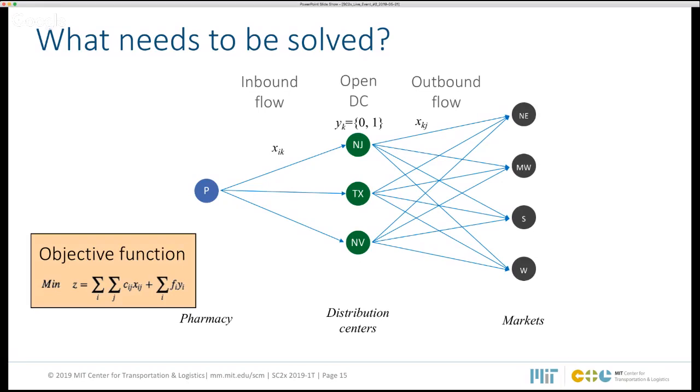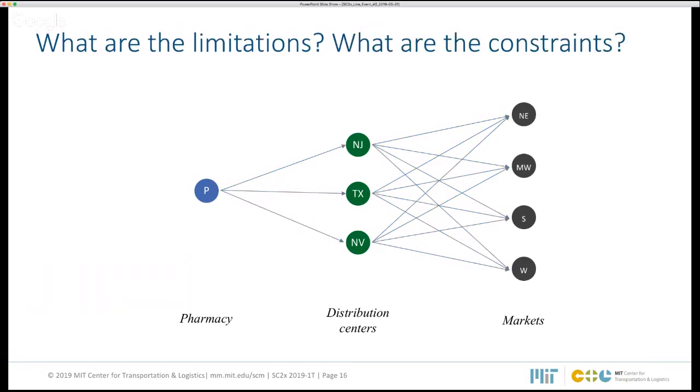The last piece is related to what are the limitations or constraints that we should include in our model. Okay, so the first thing that we notice is that we have a demand that needs to be fulfilled. In this case, the demand is again measured in boxes per year, and we have a demand associated to each of the markets, and you can see the figures there.